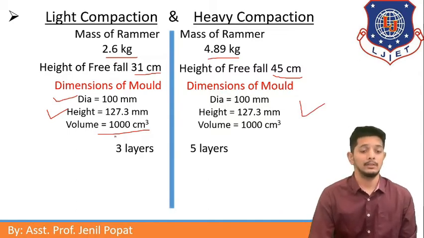In light compaction, 3 layers of soil are filled, whereas in heavy compaction 5 layers of soil are filled.